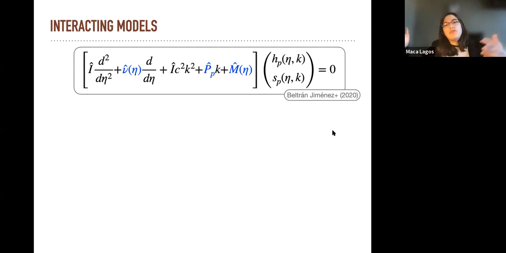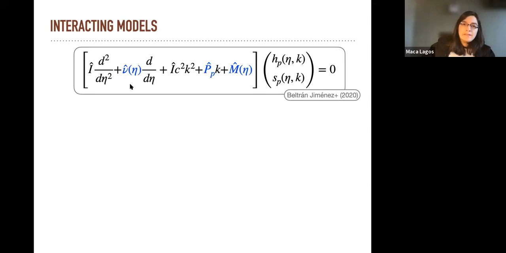You could add more if you wanted, but for concreteness, let's just add one extra field that we call S. Again, it's some kind of tensorial degree of freedom with two polarizations that interacts with gravitational waves.